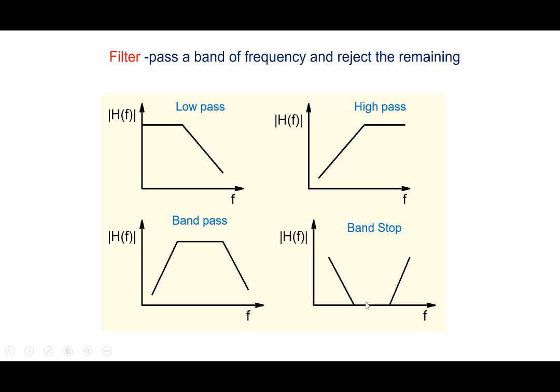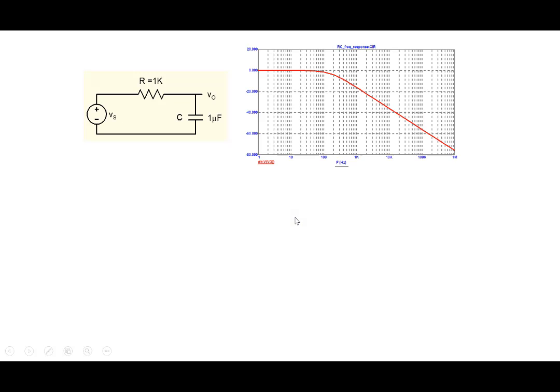And this one is rejecting or stopping a band of frequencies, so we call it a band stop filter. Higher frequencies pass through, lower frequencies also pass through, but there's a band here which it rejects. So we call this a band stop. So there are 4 broad classes of filters, and each one of them has a lot of uses in different applications, and some of them we may see later on.